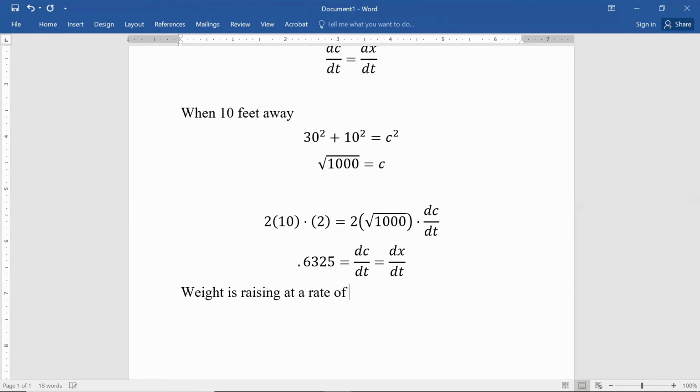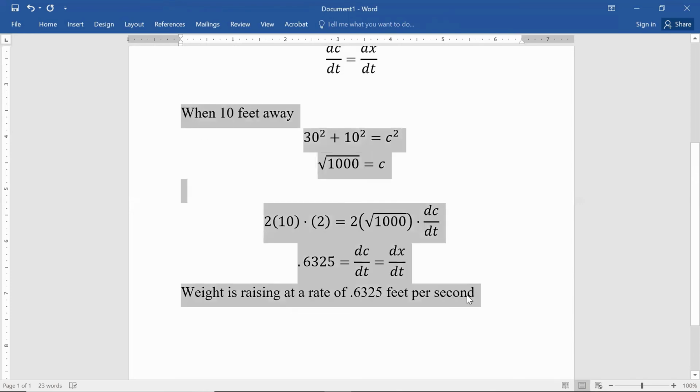The weight is rising at a rate of 0.6325 feet per second. So that's the rate at which the weight is rising.